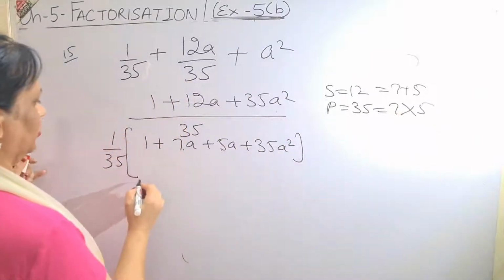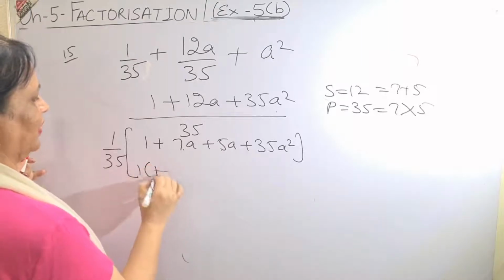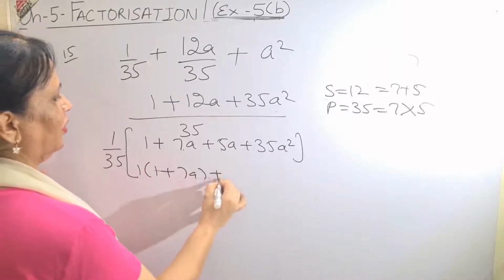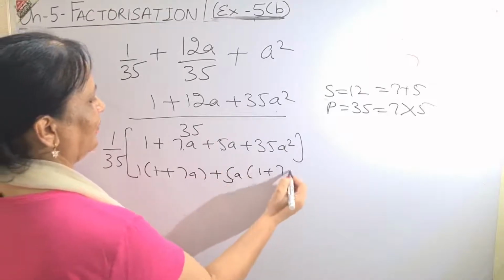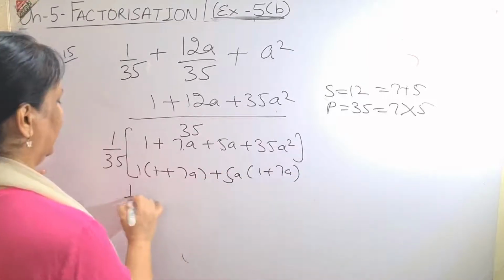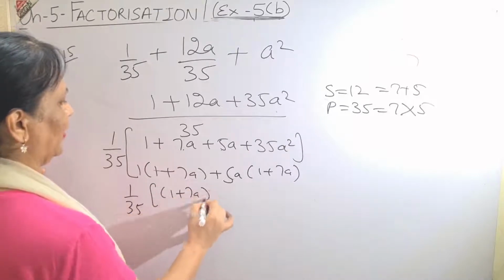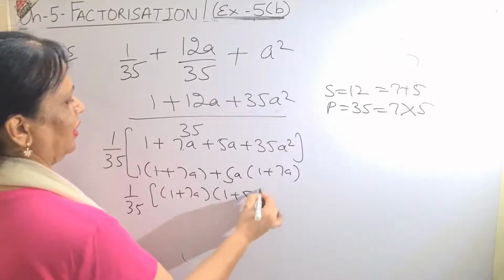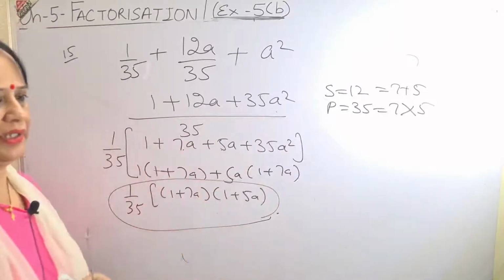Rest you know what to do. This is 1 common, 1 plus 7a, 5 common, 5a common, 1 plus 7a, and that is your answer. 1 by 35, 1 plus 7a common factor, 1 plus 5a. Your expected answer. So you got it, all of you?